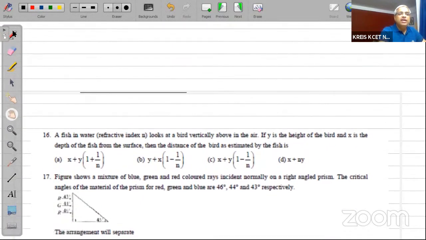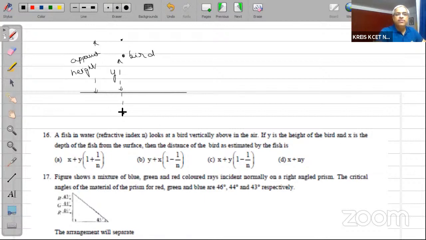Here the bird is at a distance of y. That's the real height. But the fish will see it at a different distance here, which will be called the apparent height.